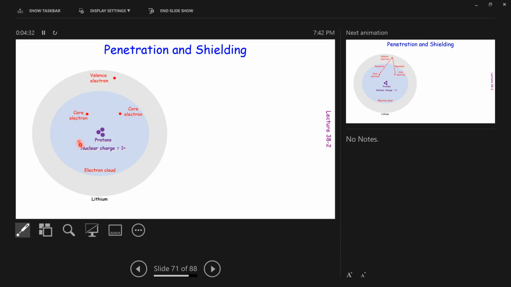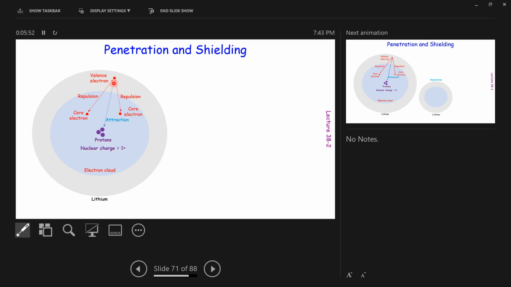The 2 core electrons will be traveling all the time in this region, and then this valence electron will be traveling in this region. Between the valence electron and core electrons, there is a repulsion force, because electrons are negatively charged, they repel each other.